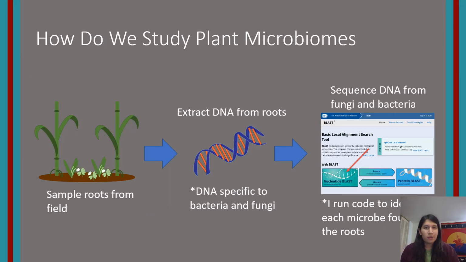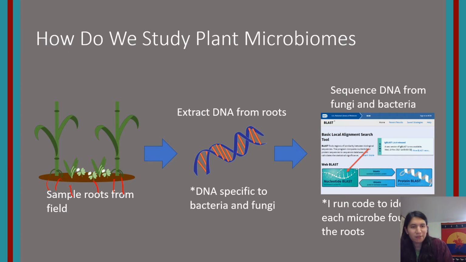So how exactly do we study the microbes living on the roots? In our lab, I sample the roots off these different plants, the roots of the corn, the roots of this clover, and we take those roots and extract DNA. We're not extracting corn DNA because we know it's corn.